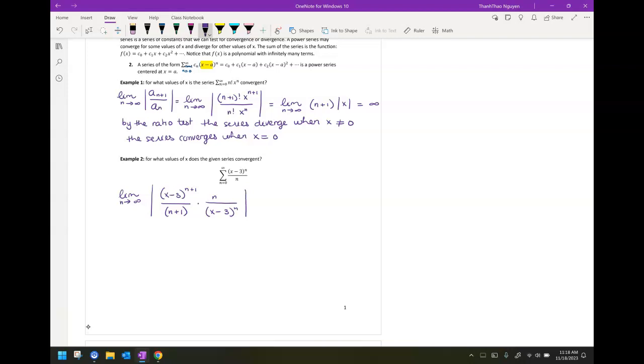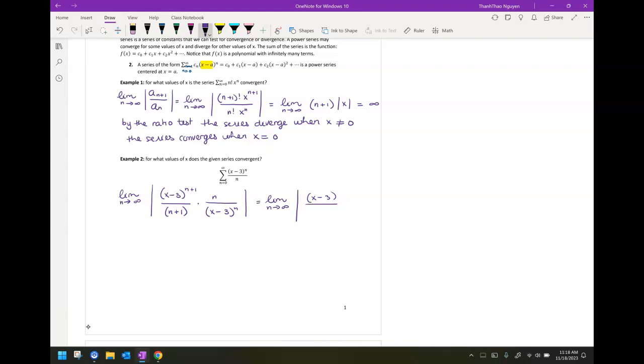So I can simplify this. This is the limit as n approaches infinity of x minus 3 times n divided by n plus 1.